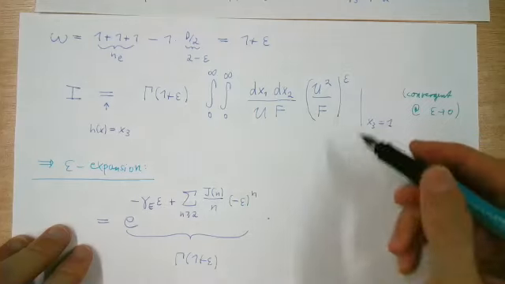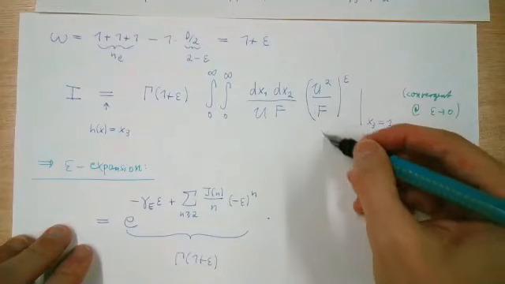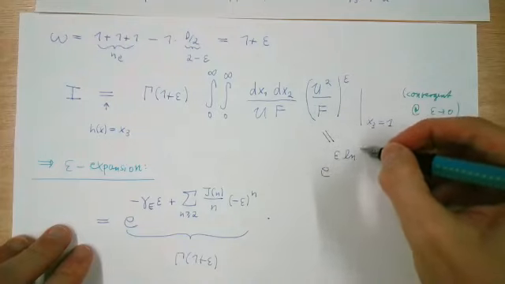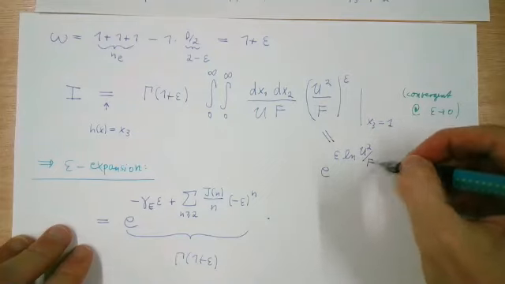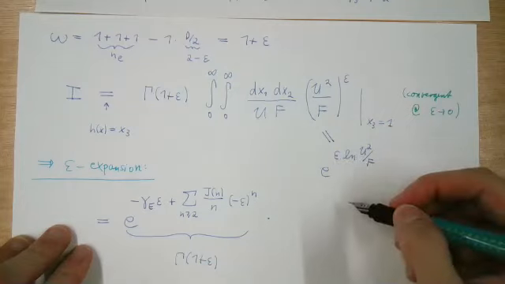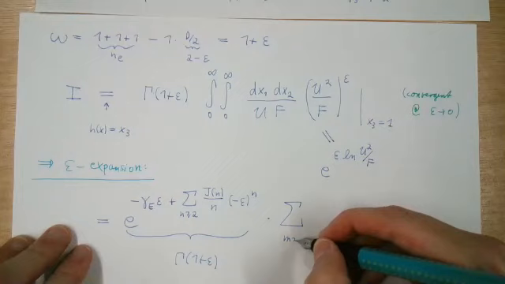And now you have this integral to expand, but because it's convergent, you can just work with this integrand here. So you can write this as e to the epsilon times the logarithm of the ratio of these, U squared over F. And then you just use the power series for the exponential, and you can write this as a sum.